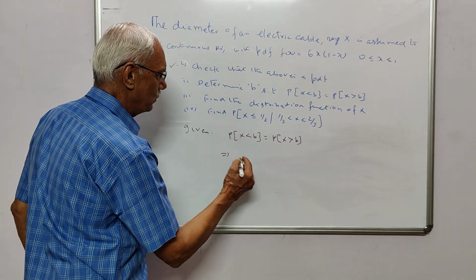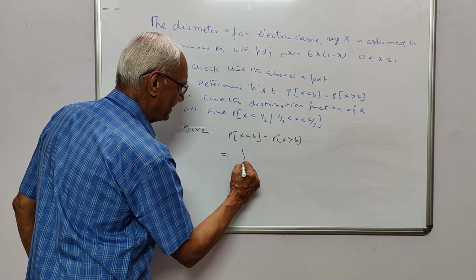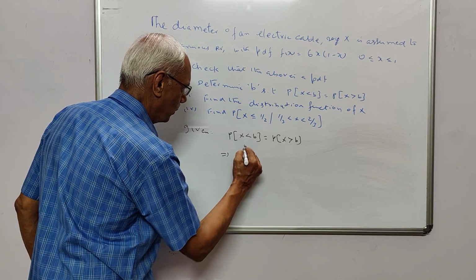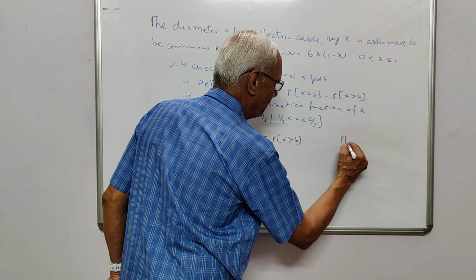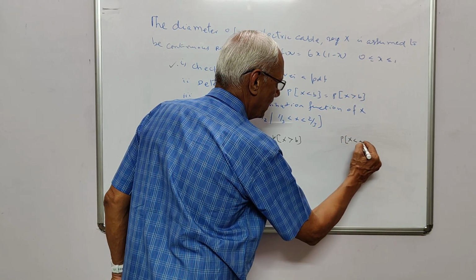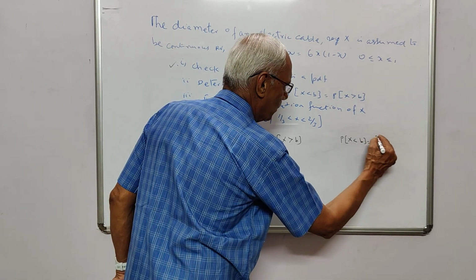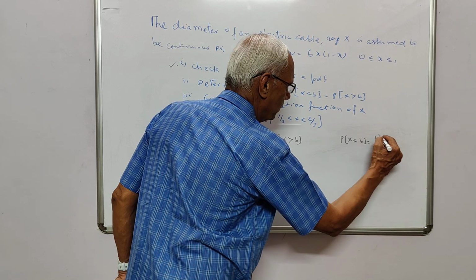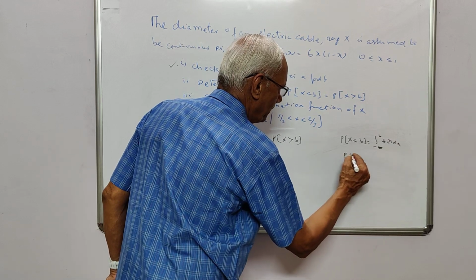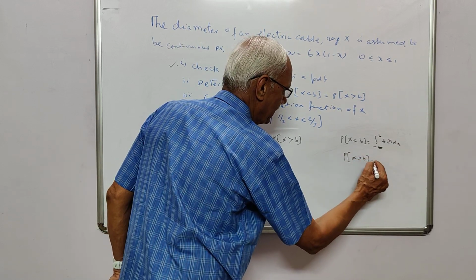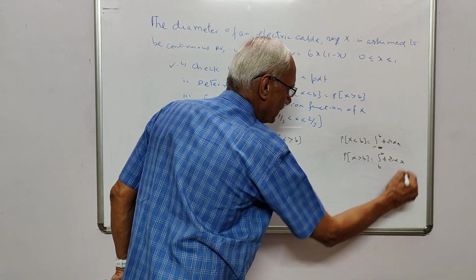you can write in any way you want, as per definition. P of x less than B is the integral from minus infinity to B of f of x dx, and P of x greater than B means the integral from B to infinity of f of x dx.